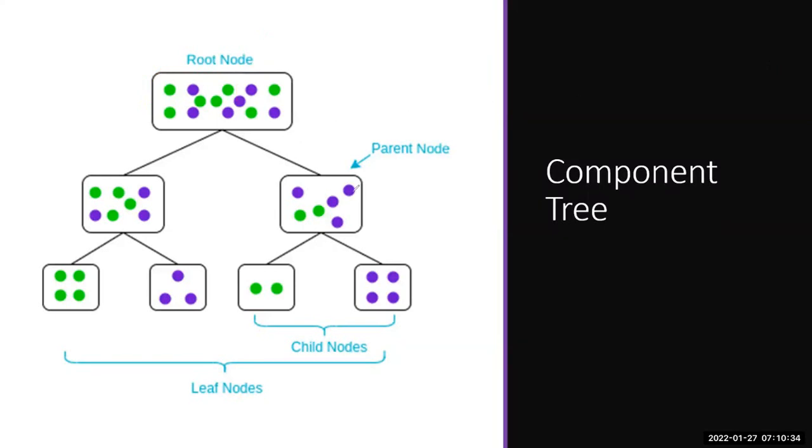You have this parent node. So component tree means that you have some components of different cases that can derive from your parent node. So here you may have 4 node and 2 green, maybe this one, you can have this, okay.